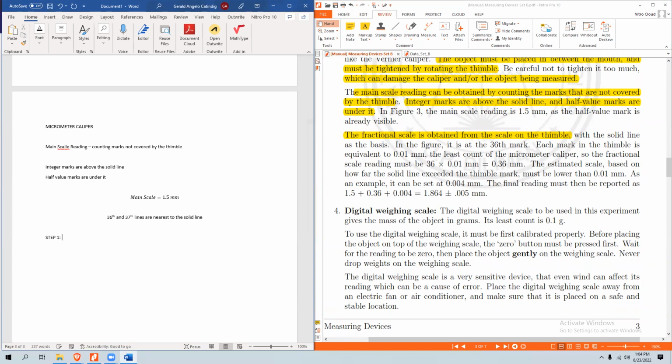Step 1. So main scale reading, integer measurements are top of the solid line. Half integer measurements are bottom. Step 2, determine the number of lines.